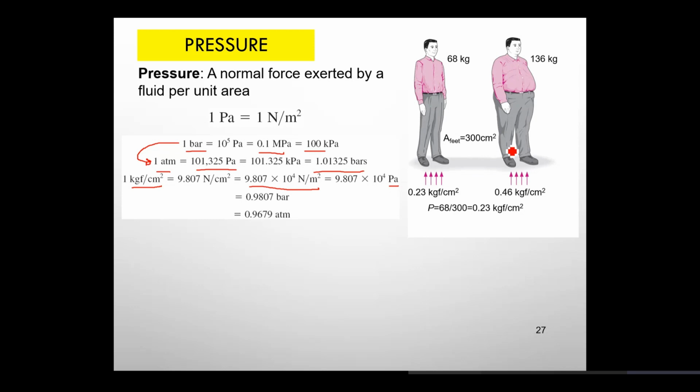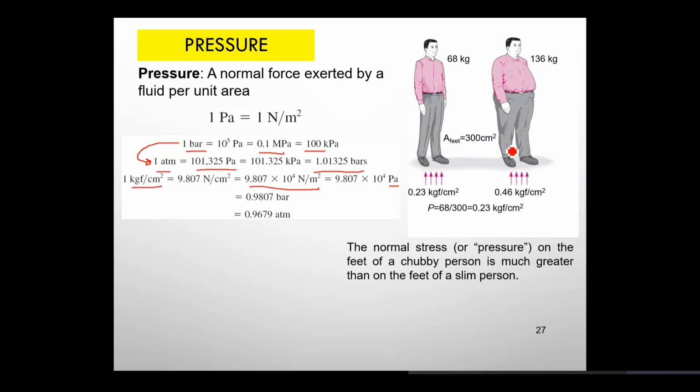No. I would refer to it as stress. Normally, in solids, you refer to pressure in terms of stress. This is the difference that I want to highlight: in liquids and gases, normally you refer to pressure as pressure, but the same units and the same concept in solids is generally referred to as stress. All right. So you say the normal stress acting is greater for one as compared to the other.